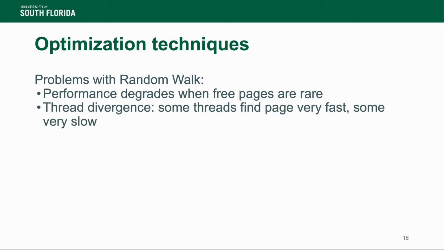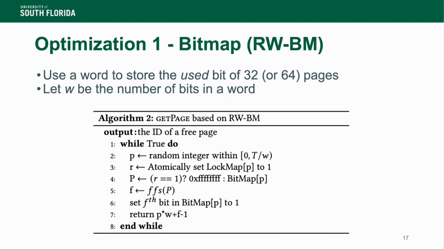So the basic random walk algorithm can be extended in several directions. First, we notice that random walk is great when free pages are few, and we are aware of thread divergence among the walks. Some threads can find a page very fast, and some very slowly.